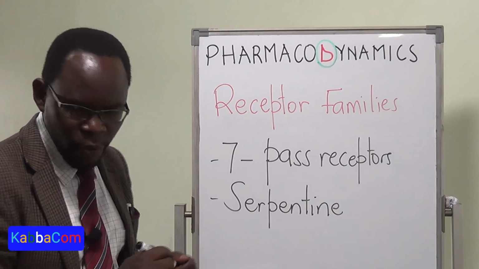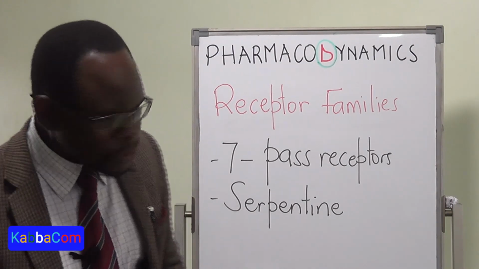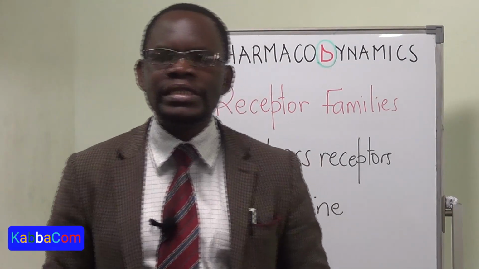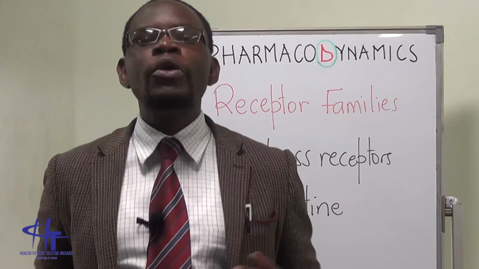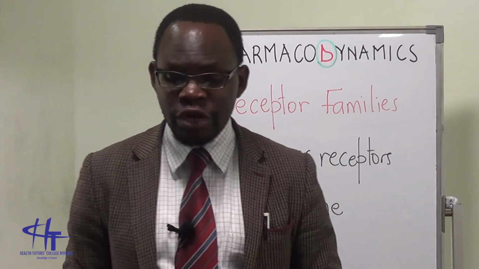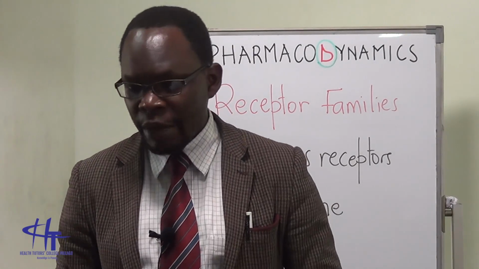We are going to see why they are called this. So G-protein coupled receptors are actually the most common types of receptor families through which most drugs work, as we are going to see examples.